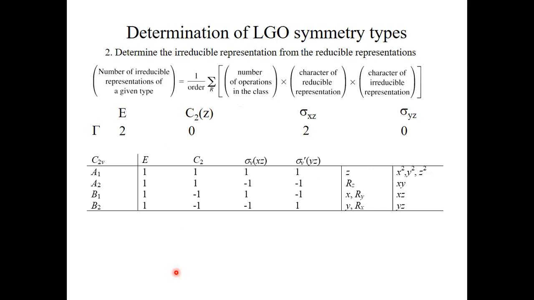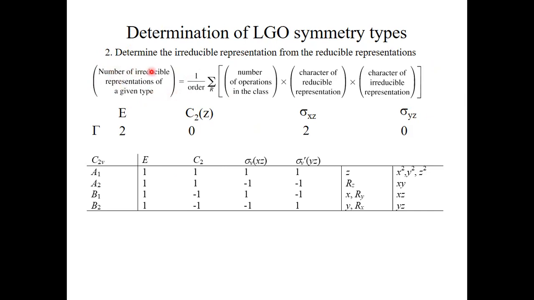So there's a formula in group theory that we can use to determine the irreducible representations from the reducible representation. That's called the reduction formula. And this formula is shown here. Okay.